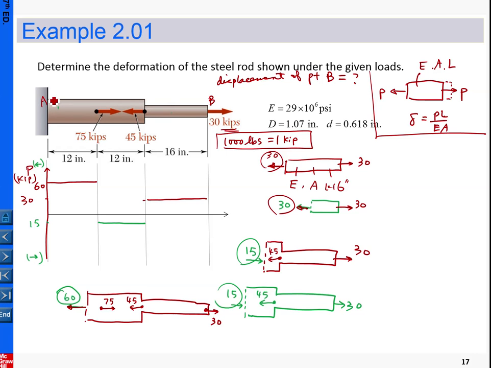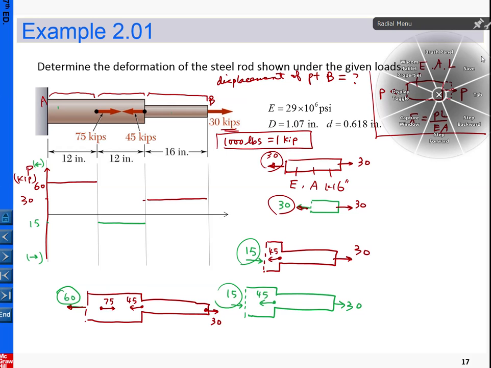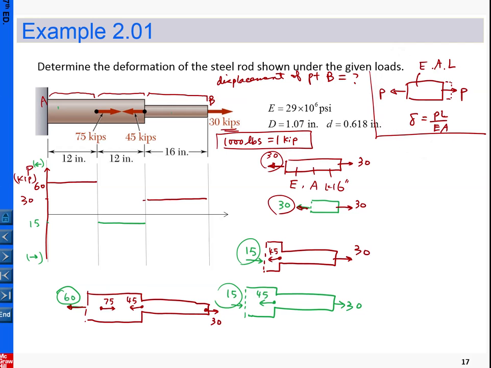Right now you can see we basically have 3 segments, and each segment fits into our template here. In each segment we are given the material properties, the dimensions of the cross-sectional area, and the length, and we already determined the magnitude here.